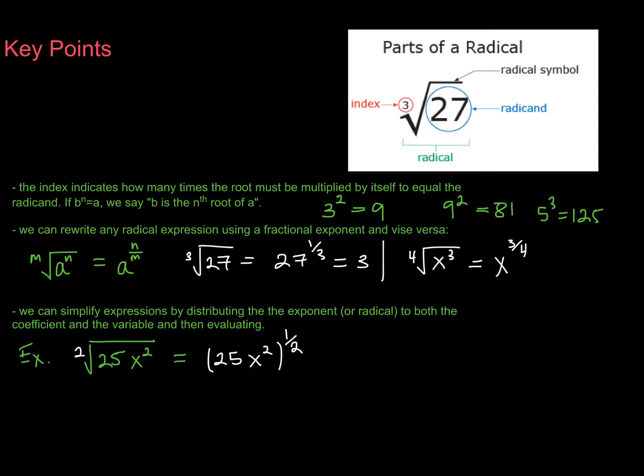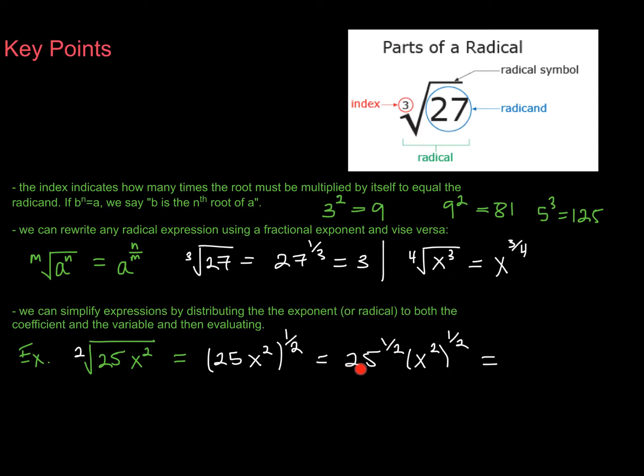So we can rewrite this as 25 to the 1/2 times x squared to the 1/2. And this allows us to simplify even further, because 25 to the 1/2 is just the square root of 25, as we discussed previously up here.